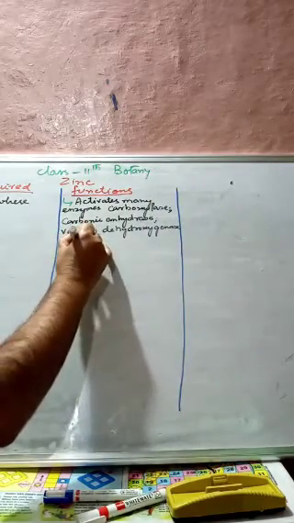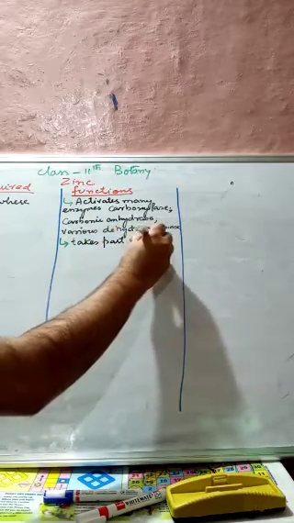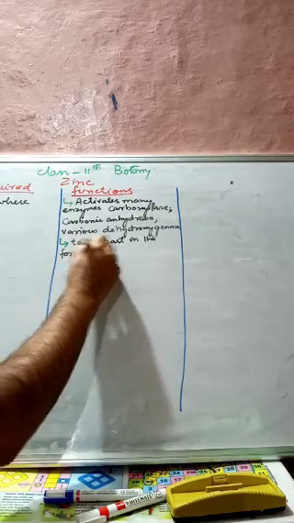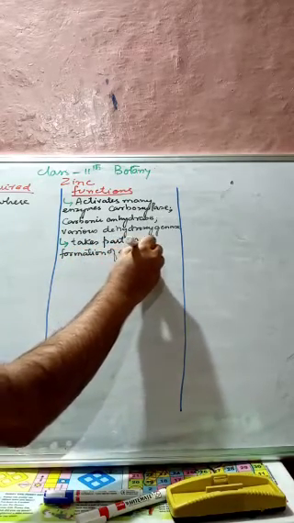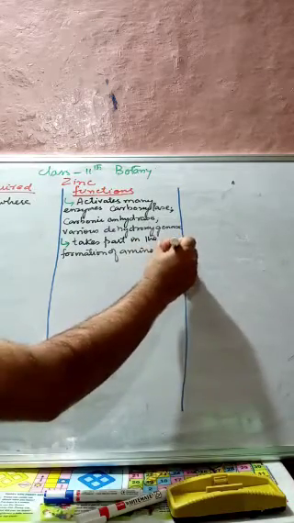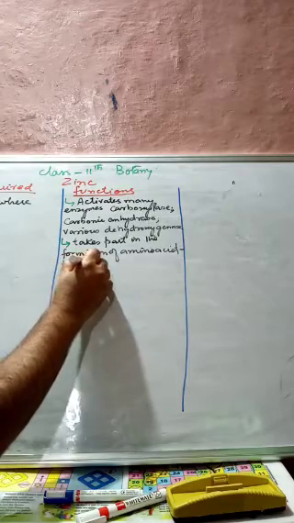Second important function is this: it plays an important role, it takes part in the formation of an amino acid. And what is the name of this amino acid? That is called tryptophan.